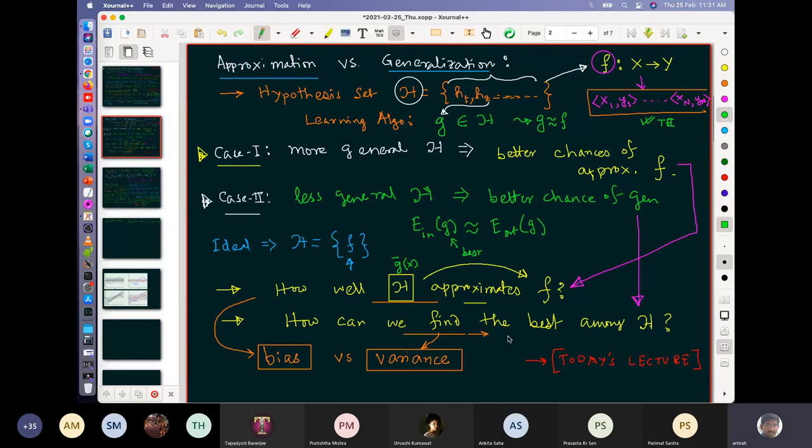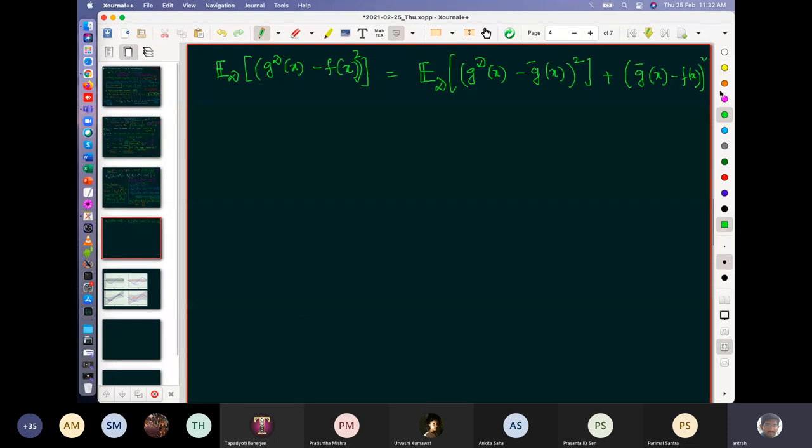The second thing is that for any hypothesis you pick, how close is it to your average one? We are doing it in two steps. You find your own hypothesis by looking at the data, see how close it is to the average or the best one from this set, and how the best one from this set is closer to F. So now you can easily understand that this is your bias of x and this is your variance of x, right?